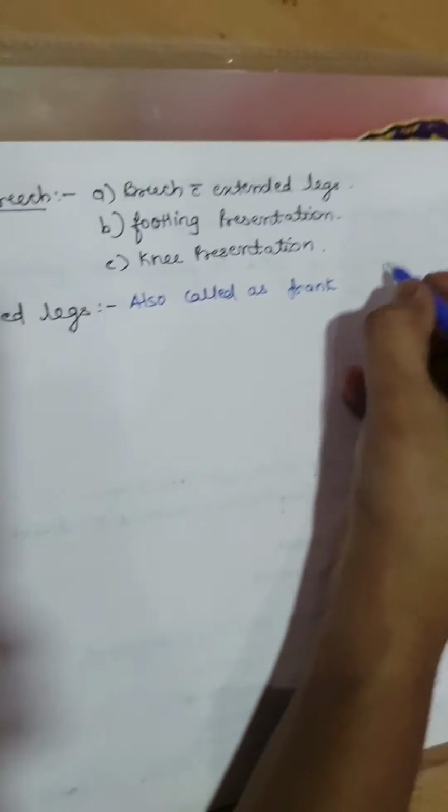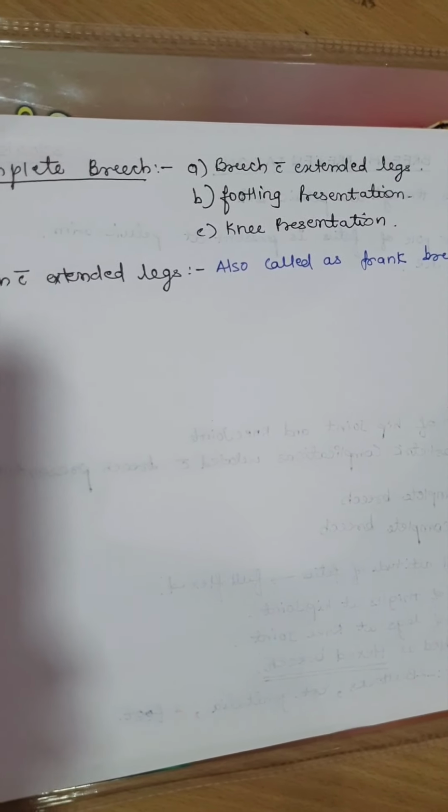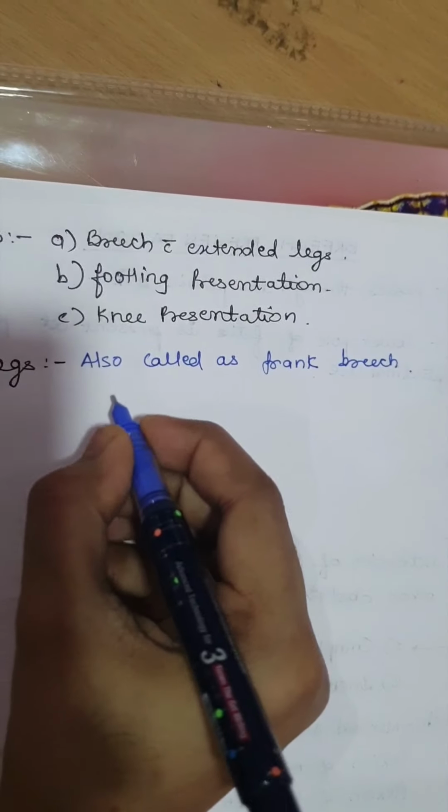In this type of incomplete breech presentation, what occurs? There is a condition where the thighs are flexed at the hip joint, but the legs are extended at the knee joint.